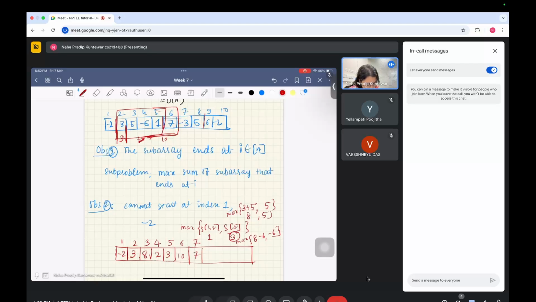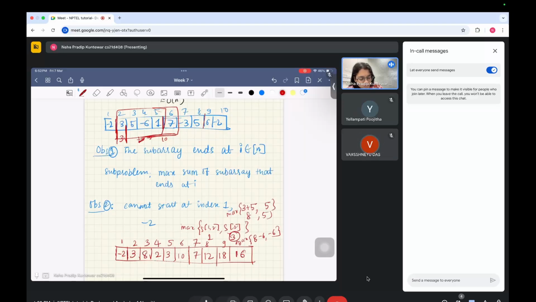Can you tell the remaining? 12, 18, sorry, 18, and then 16. So what is the maximum value here? The maximum is 18.